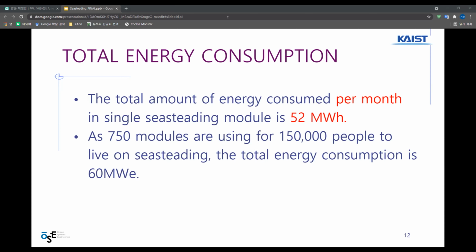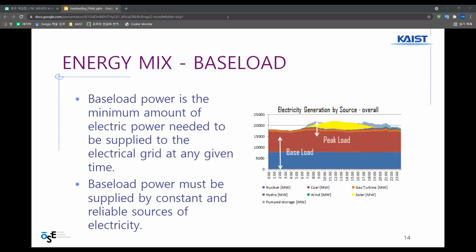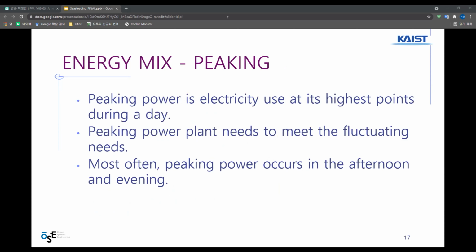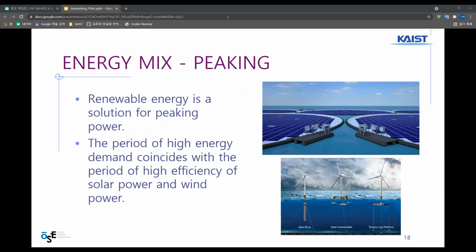Okay. All right, and then peak power, right? Okay. All right. Because you solar and next page, solar and wind and something.